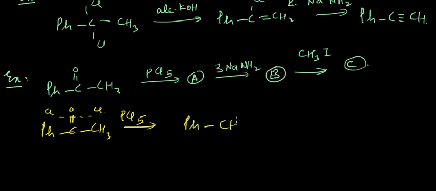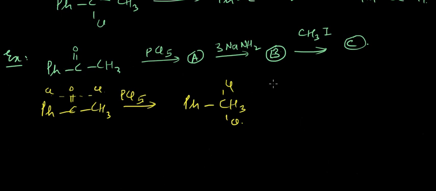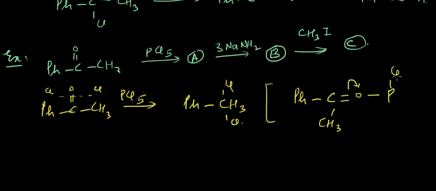So we would have this, and how would the reaction take place? The reaction mechanism would be simple: the oxygen would be taking its electron, reacting with PCl5, and Cl minus would be released.